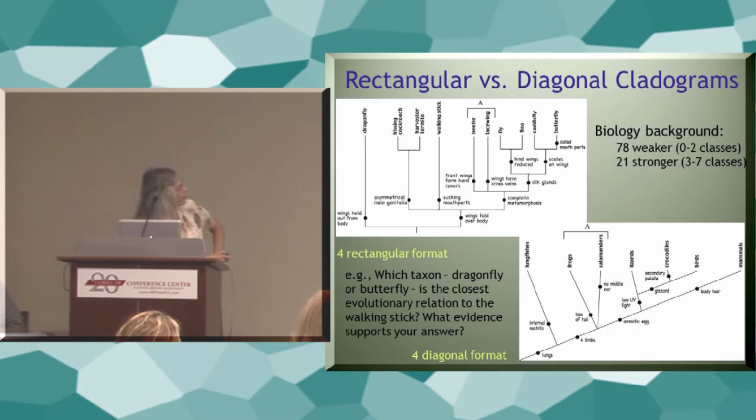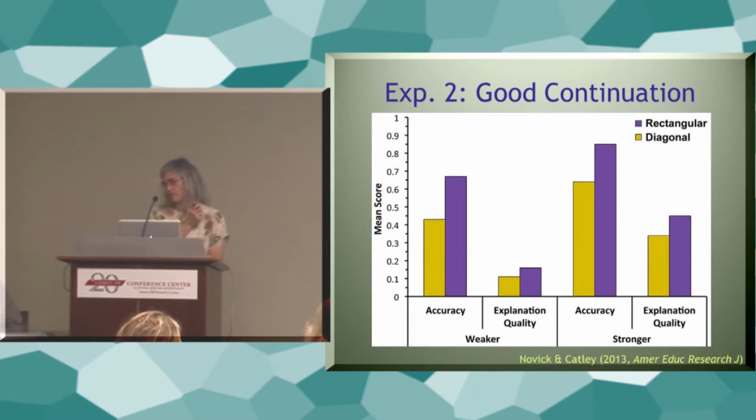The correct answer is the butterfly, because it shares a more recent common ancestor with the walking stick, which is right here, than does the dragonfly, whose most recent common ancestor is all the way down here. So we asked a question that had a set answer, and then we asked students to provide an explanation, which we coded.